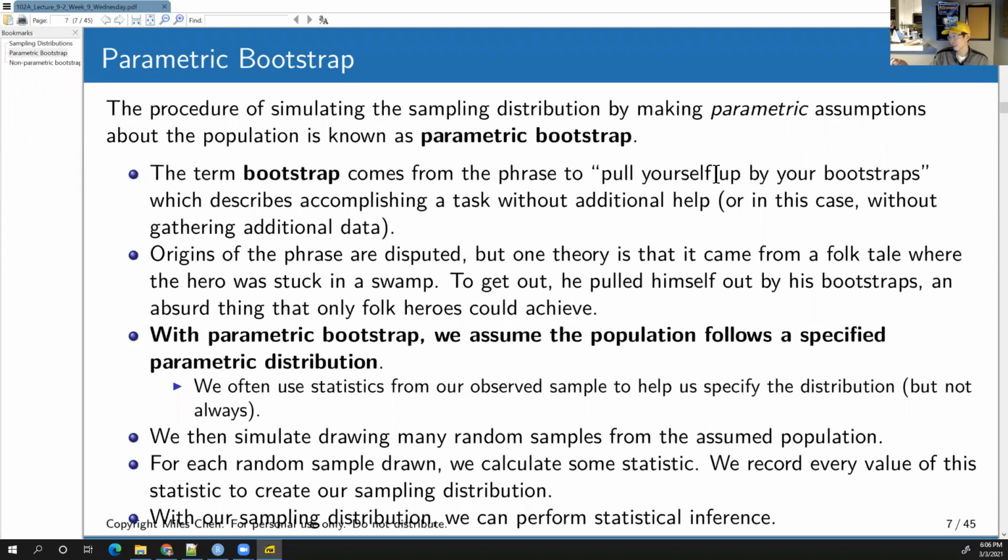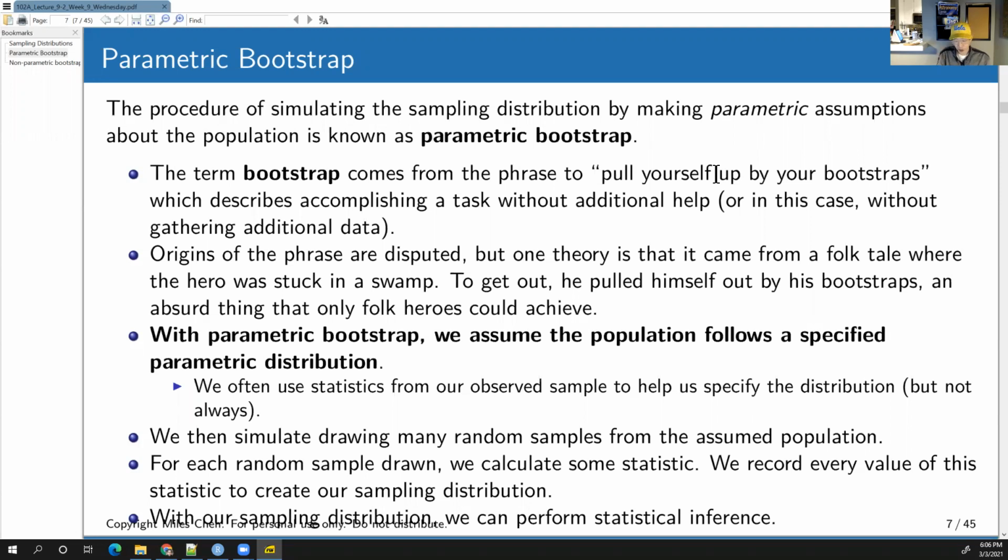Or maybe it's not a normal distribution. Maybe you're going to assume the population follows a chi-squared distribution and the parameter is the degrees of freedom. Or maybe you're assuming the population follows a beta distribution and you have these two shape parameters to determine that. Those are all parametric assumptions, and that's why we call this parametric bootstrap.